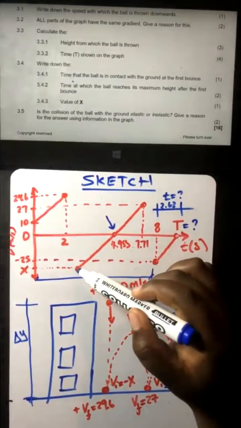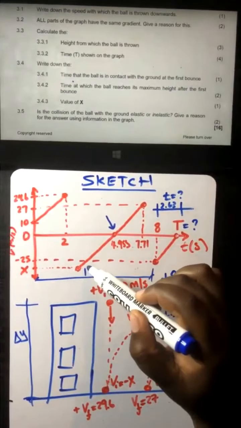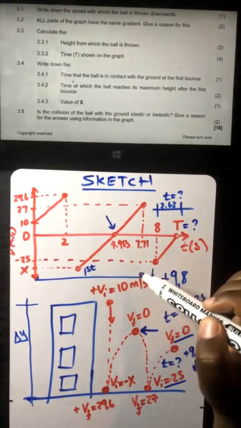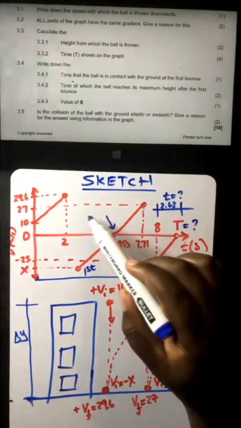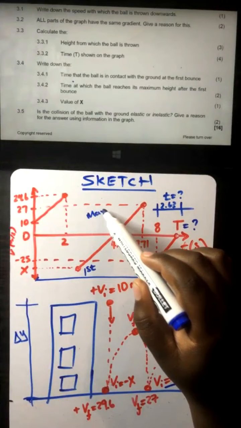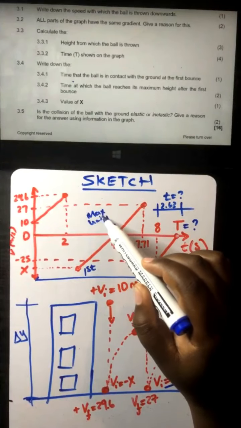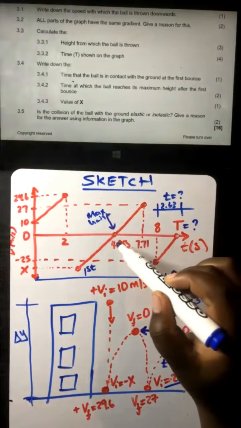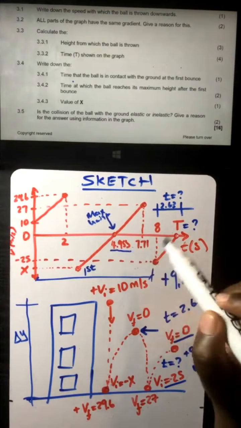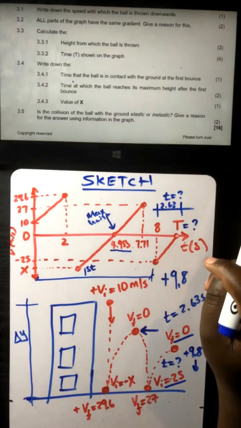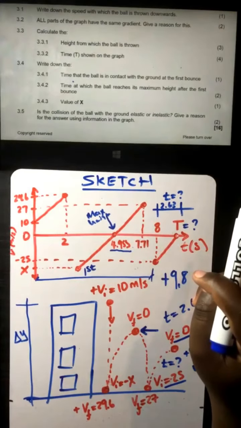So this is the first bounce, and this is where it reaches its maximum height. So this is the time that you must provide as an answer to this question.